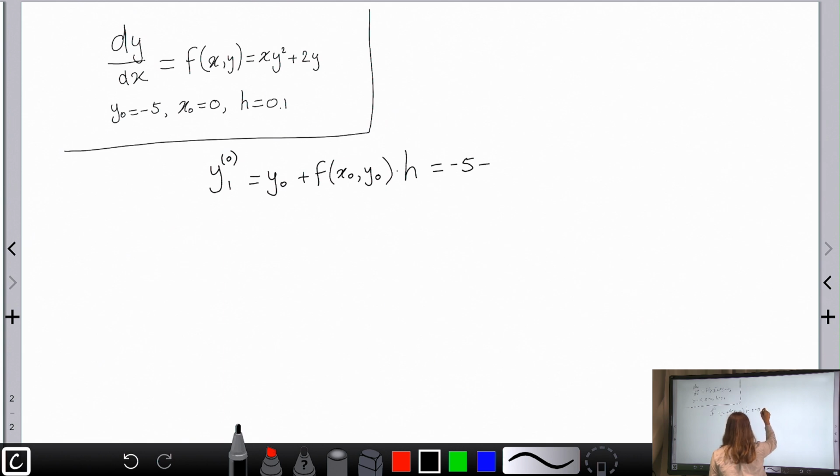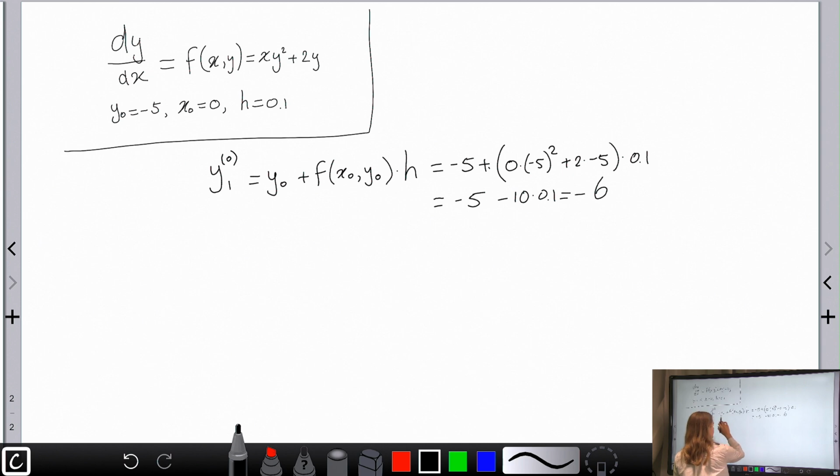So y naught is -5. Then we can plug in the values for our function. So x naught is 0. Again, -5 squared plus 2 times -5, times the step size h, 0.1. And now we can just calculate this. It's going to be equal to -5 minus 10 times 0.1. So it's going to be equal to -6. So this is the predicted value of y1.